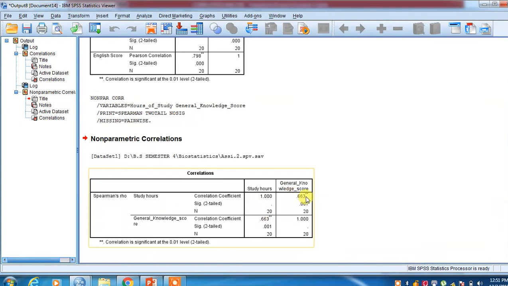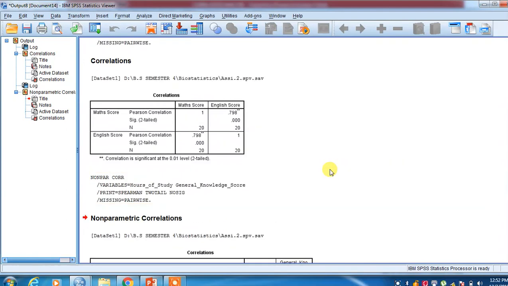It indicates a moderate or nearly strong relation between study hours and general knowledge. 20 is my sample size, and this correlation is significant at the 0.01 level. That is how we calculate Pearson's r correlation and Spearman's rho correlation.